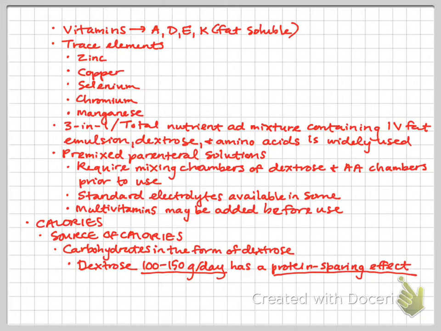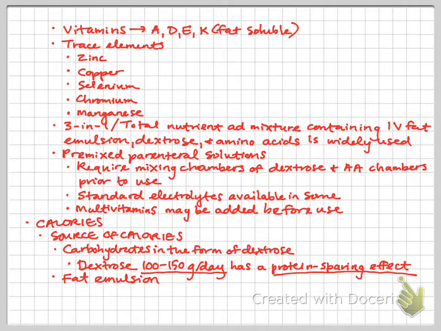All right, so the next thing that we'll talk about is fat emulsion. And if you think about it, we know that bile is used, you guys should become familiar as you're moving through and have already seen it in A&P, that bile is used to emulsify fats in the digestive tract.